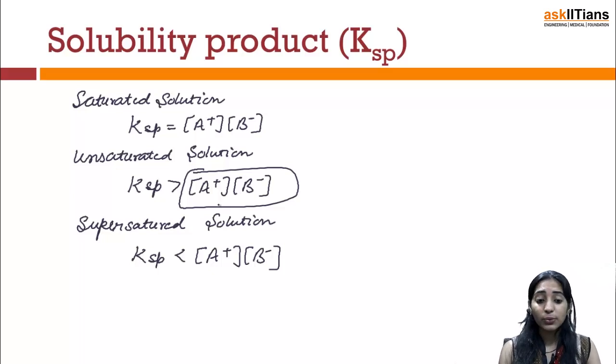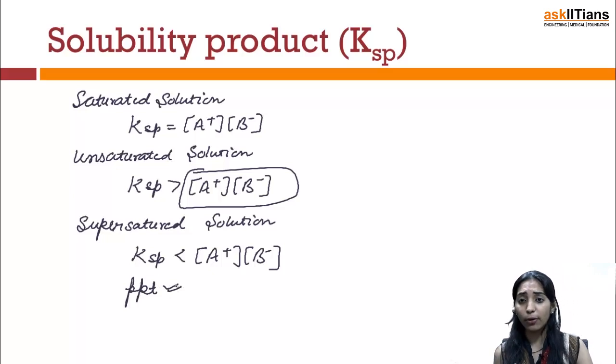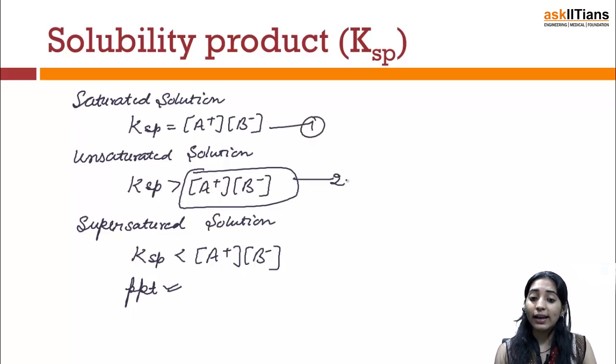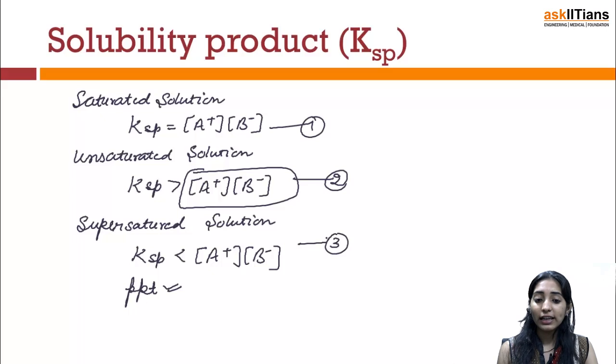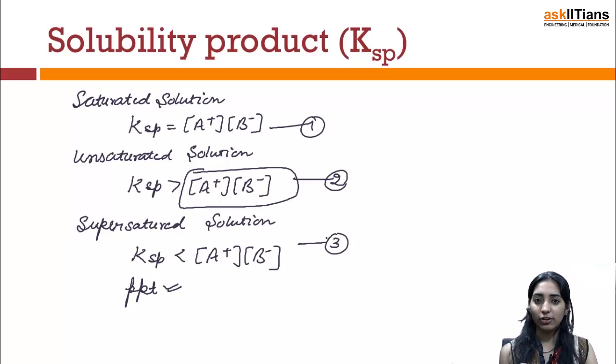Hence, as soon as this condition occurs, precipitation starts in the solution. So while doing the questions on the solubility product, you have to keep in mind these three conditions: what happens if Ksp is equal to the ionic product, if Ksp is greater than the ionic product, or if Ksp is lesser than the ionic product at that particular time. We have to keep this in mind while doing the questions in the examination.